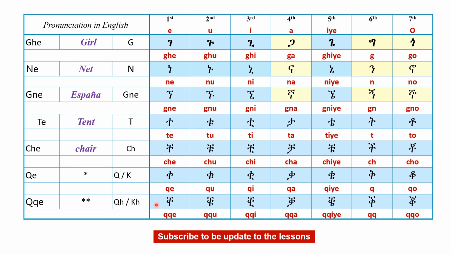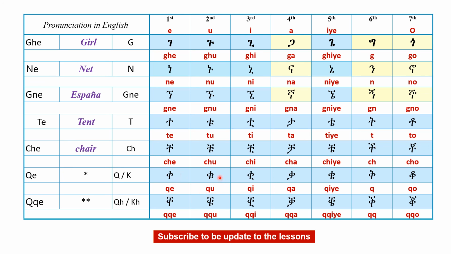In the fourth lesson, we learn the letters Te, Che, Ke, Ke. Te, Tu, Ti, Ta, Tie, T, To. Che, Chu, Chi, Cha, Chie, Chi, Cho.